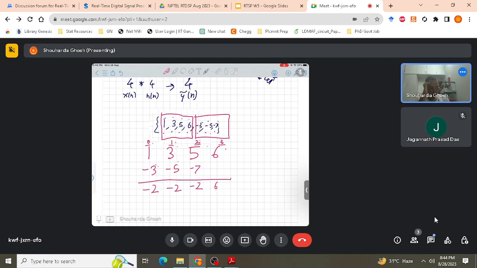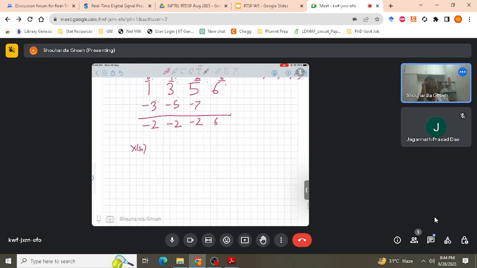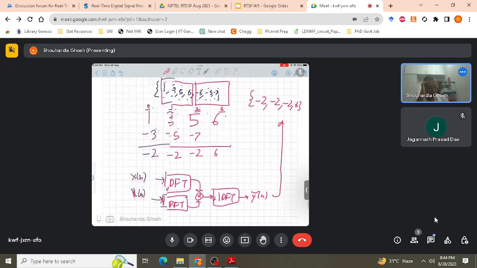So see, if I had directly taken xn and hn and performed their DFT, multiplied them, then performed their IDFT, then this y tilde n will give me this. And see the difference.